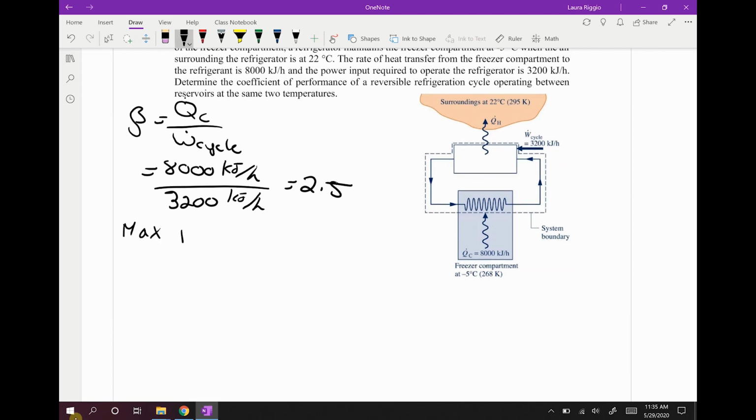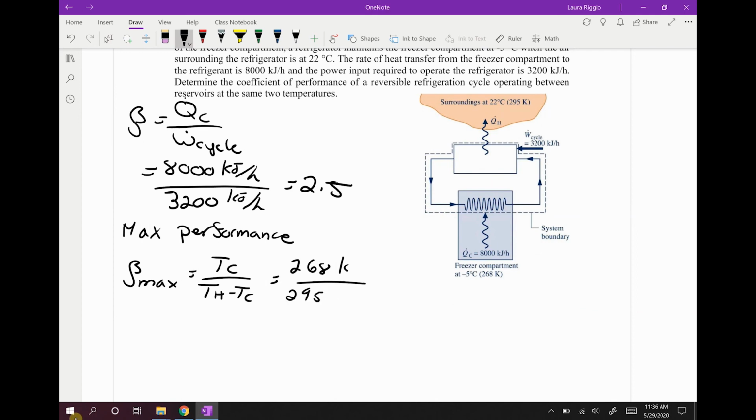Our max performance, beta max, is equal to Tc over Th minus Tc, which is 268 Kelvin over 295 minus 268, which is 9.9. Our coefficient of performance is less than our max, so the cycle operates irreversibly.